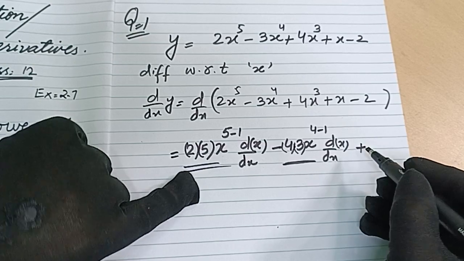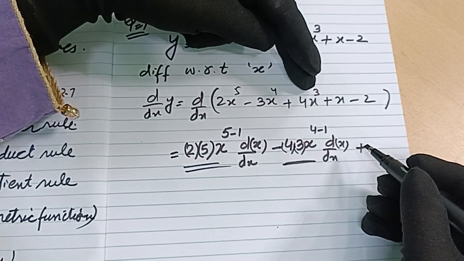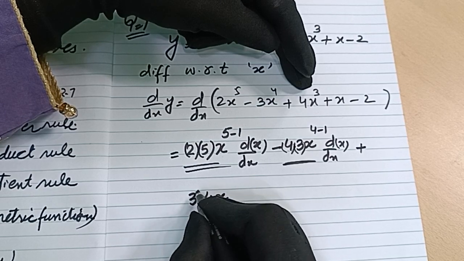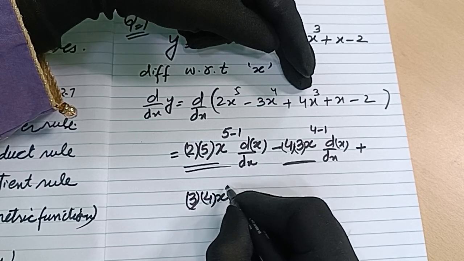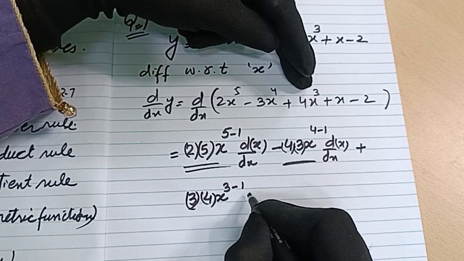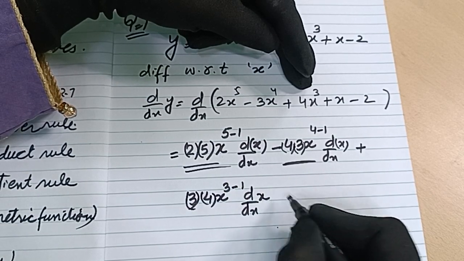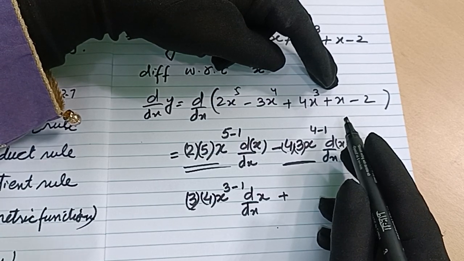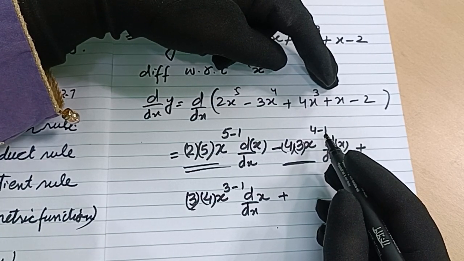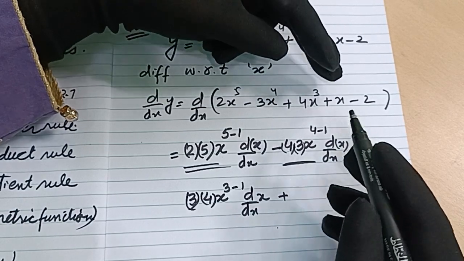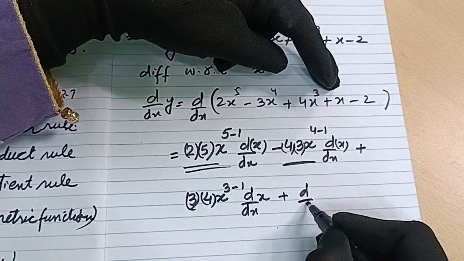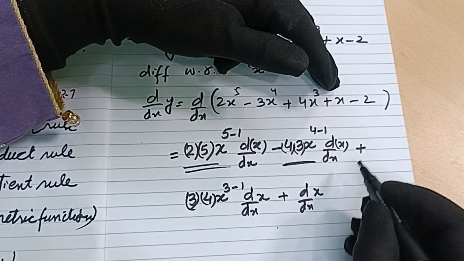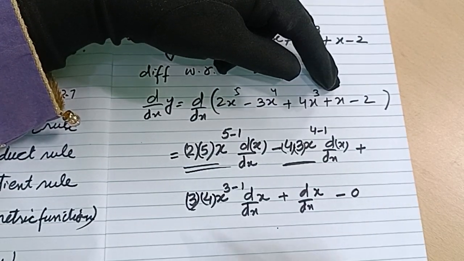Plus, the next term: power in the start, 4x^(3 minus 1), and the derivative of the function without power. Plus, its power is 1, so writing 1 in the start and 1 minus 1 is of no use. Directly keep in mind that the derivative of x is 1, minus the derivative of the constant, which is 0.